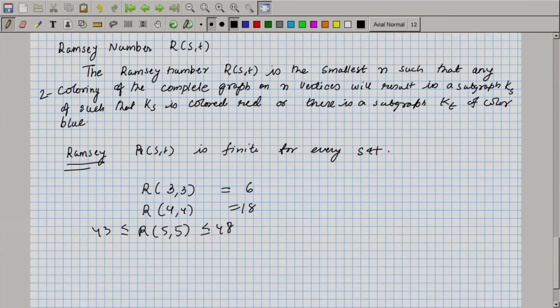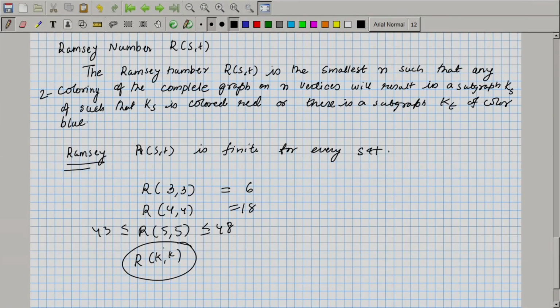Now, how do we determine R(5,5), or for that matter any R(K,K)? When S and T are equal, these are the diagonal Ramsey numbers. Exact values are very difficult to find even for small values of k. So, can we bound it?